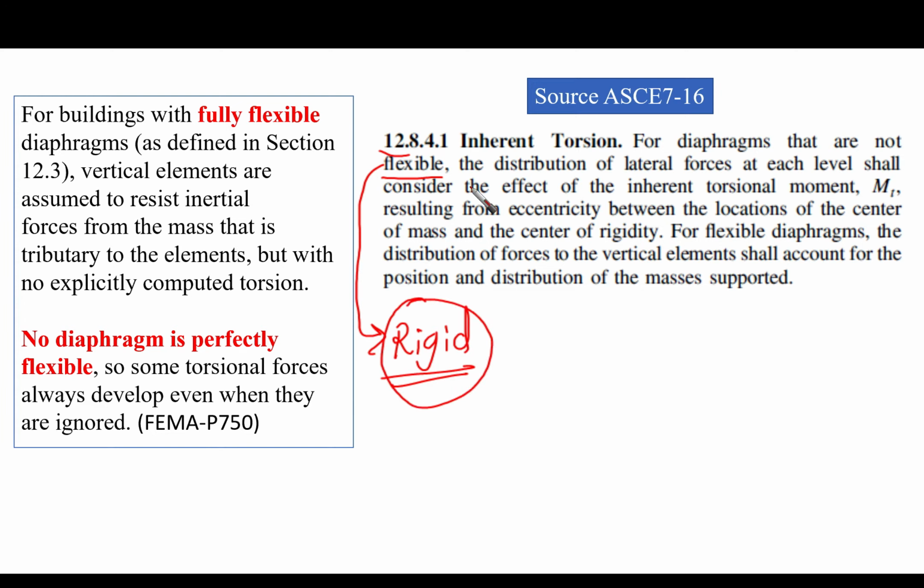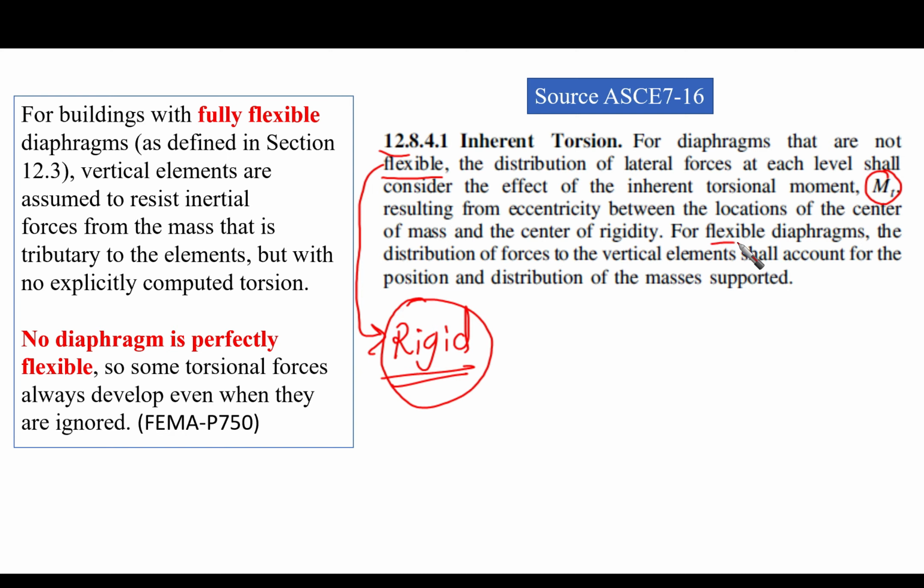So if the diaphragm is rigid, or not flexible, the distribution of lateral forces at each level shall consider the effect of the inherent torsion moment, M_T, resulting from eccentricity between locations of the center of mass and the center of rigidity. This is clear and we understood it well.